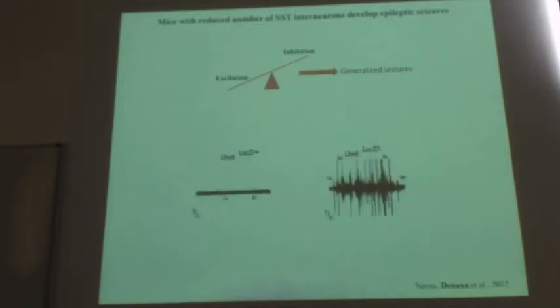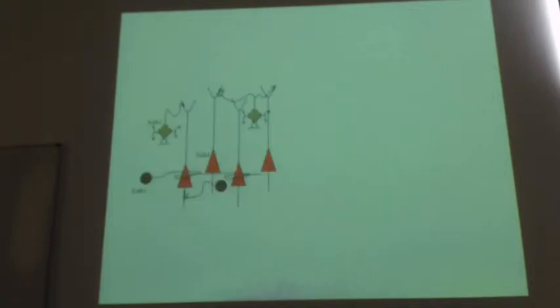We would expect something like that because in the lab we have generated another genetic tool, another knockout mouse, in which the expression of LH6 is downregulated by 30%, and we have a 30% reduction in the number of somatostatin interneurons. And these mice develop spontaneous epileptic seizures. But this is not what we see in our SAB1 knockout mouse.